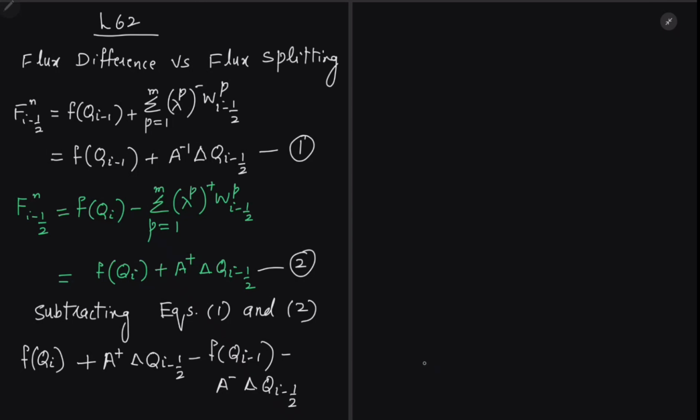So we just subtracted these two equations, and these can be rewritten.